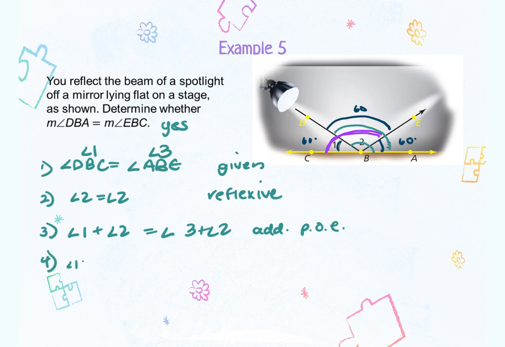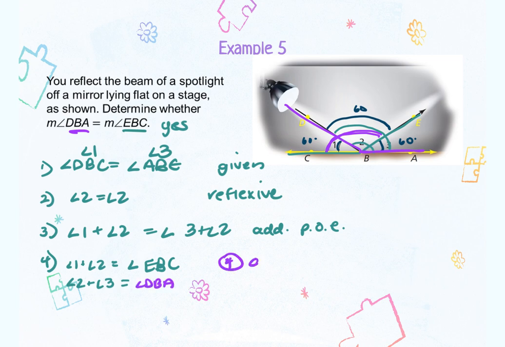Then I can say angle 1 plus angle 2 equals angle EBC, and angle 2 plus angle 3 equals angle DBA, which is this angle here. And that's the angle addition postulate.